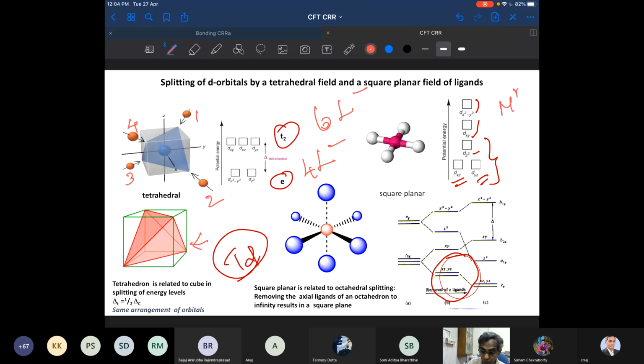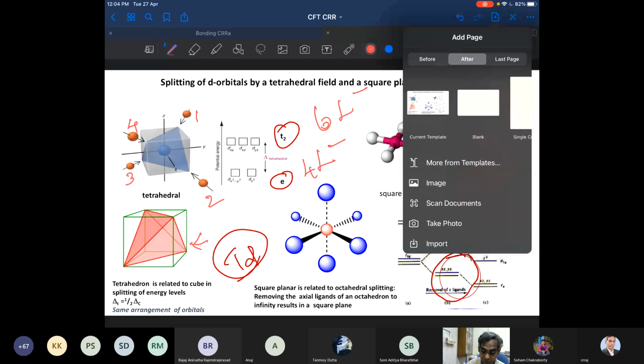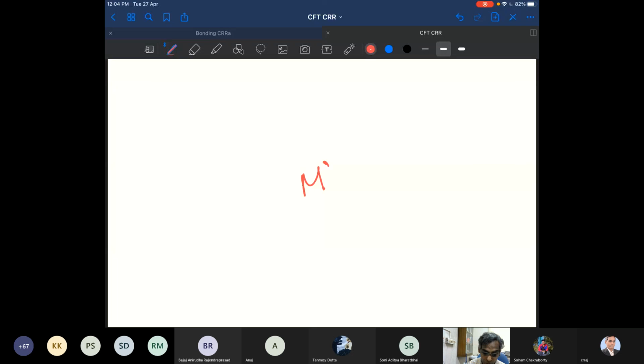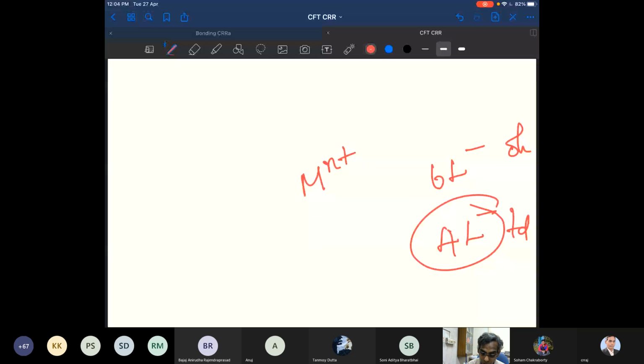Assume that you have an Mn plus with 6 L minus in the case of octahedral, and in the case of tetrahedral 4 L minus, you have a 3d. So obviously the interaction here and here is simply based on the electrostatic model.